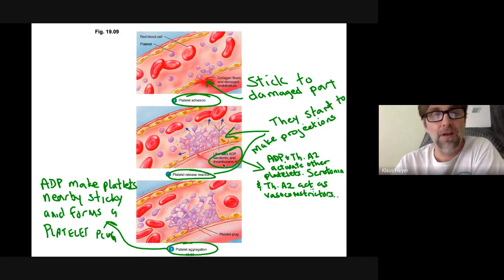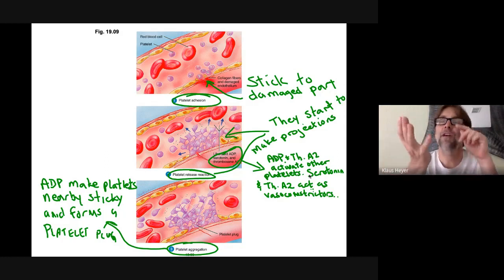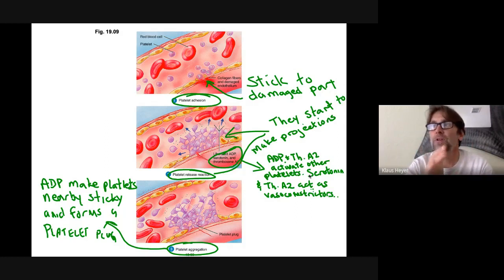So besides thromboxane A2, serotonin acts as a vasoconstrictor. You might know serotonin as having some other function, and you're right. A lot of chemicals in our body do lots of things. Serotonin helps you sleep. It helps as an appetite suppressant. It helps to balance your mood, to make you not depressed.